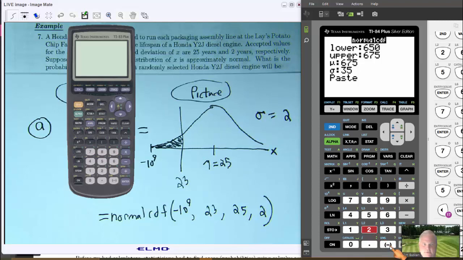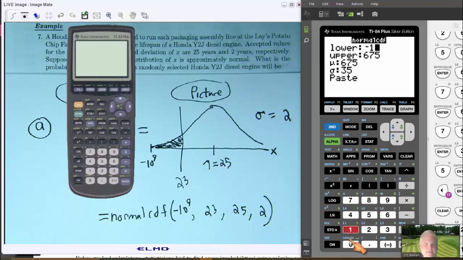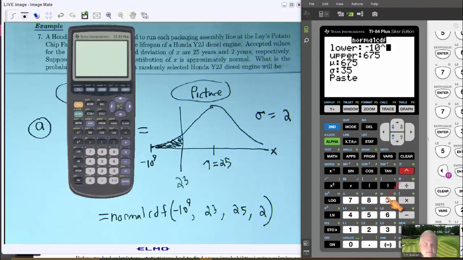So I'm going to use this button down here and not the subtraction button, because if I use the subtraction button, I'll get an error. So if I want to write 10 to the negative 9 power, I need to first mark the answer negative by pressing this key here, and then to raise 10 to the 9th power, I'm going to press this button here, the caret button, and 9.